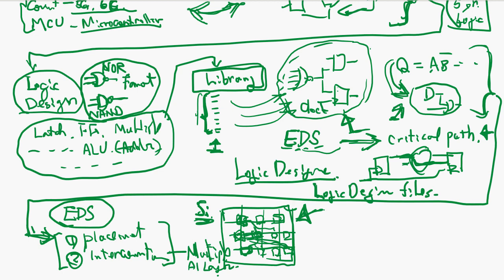Okay, now once physical design is done, then what you do is generate process layers. It's a mask, and a mask for each one.